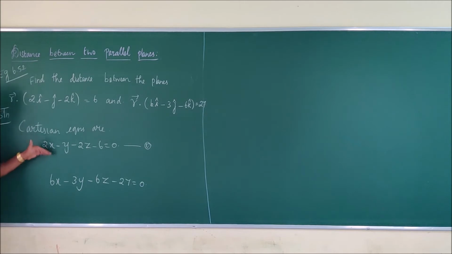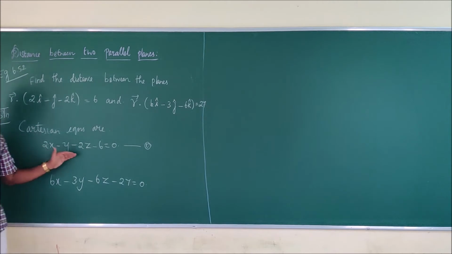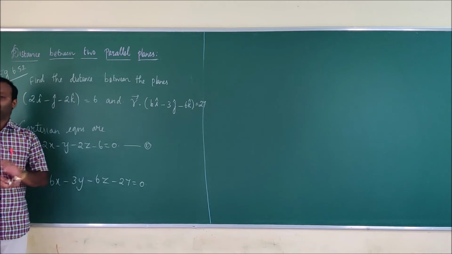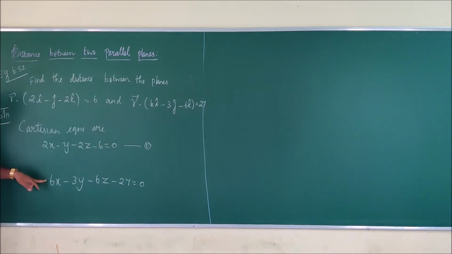Now I have to show that these two planes are parallel. Parallel planes differ only by the constant. Here 2 and 6, here minus 1 and minus 3, minus 2 and minus 6. If you divide the second equation by 3 you will get the first equation; the constant only differs. Suppose you multiply the first equation by 3, you get the second equation; the constant only will differ.